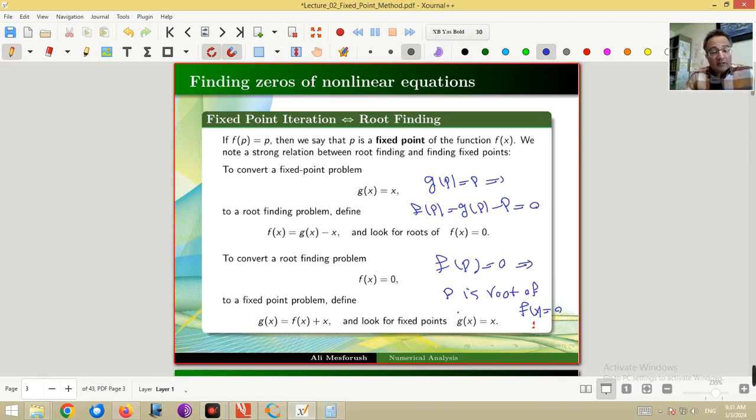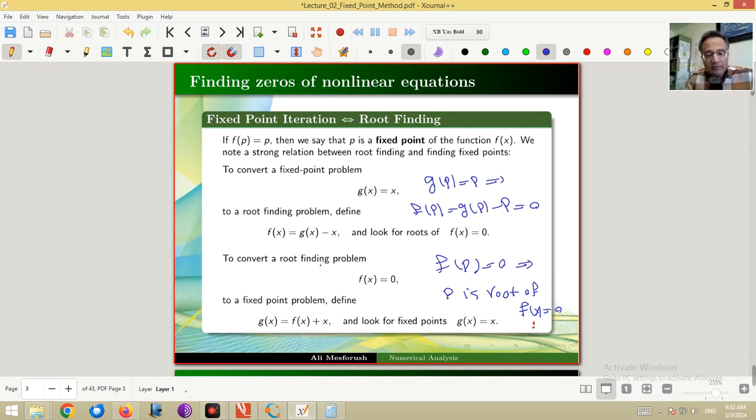So what can we do? We have to find a relation like x equal to g of x from f of x, and find the fixed point of g.